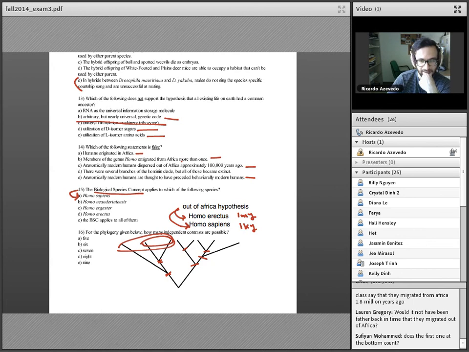Okay, 16. For the phylogeny given below, how many independent contrasts are possible? The idea of independent contrasts is that you want to reduce the number of dependent points as much as possible. When you look at this group here, these two branches, you have to merge them to create one data point.